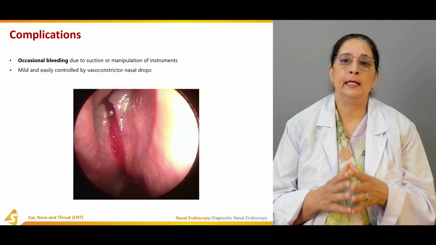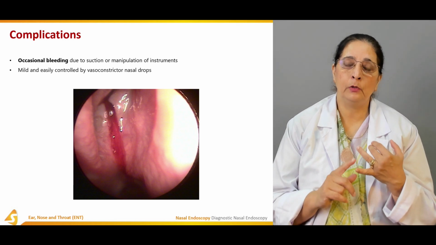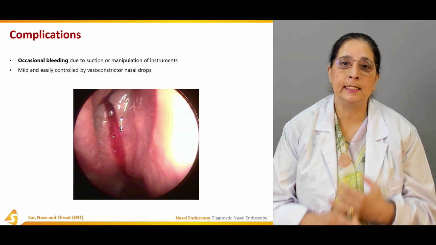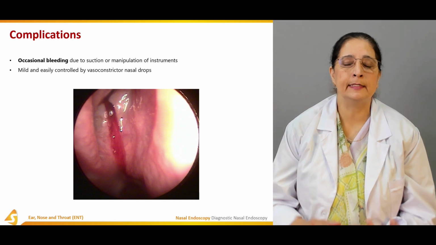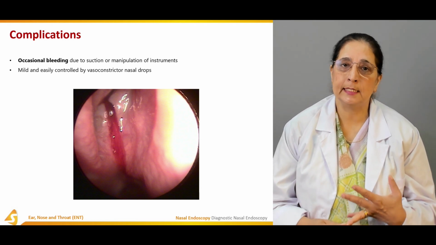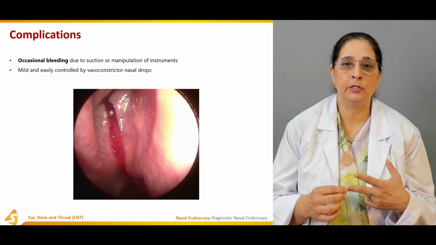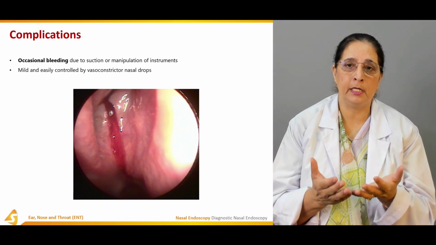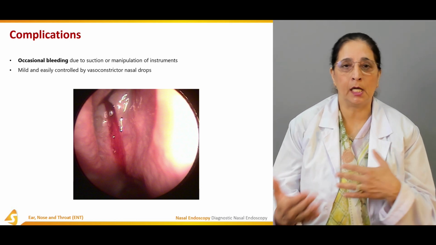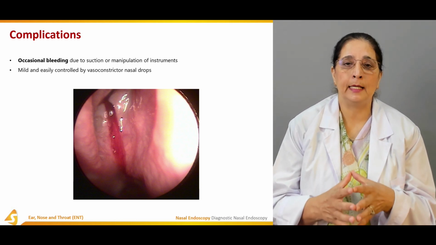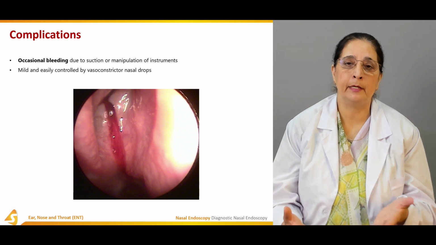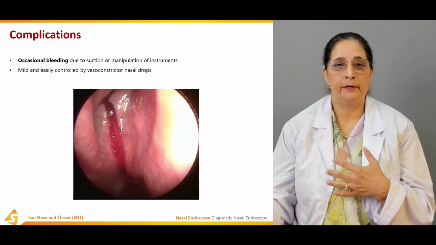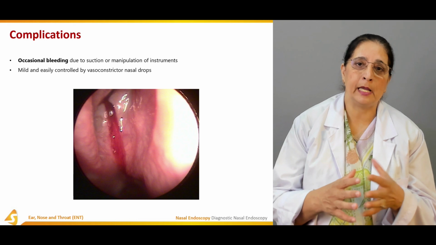So this is the diagnostic nasal endoscopy. We look for the different diseases present in the nasal cavity, in the paranasal sinuses, and in the nasopharynx. First pass, just looking at the positions, shapes, color, any abnormality present. Slowly, second pass, we look for inferior meatus, nasolacrimal sac.